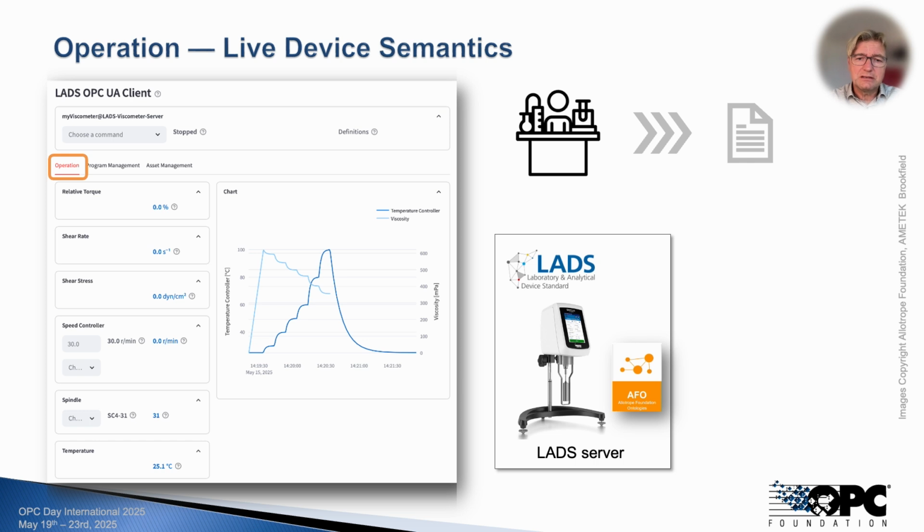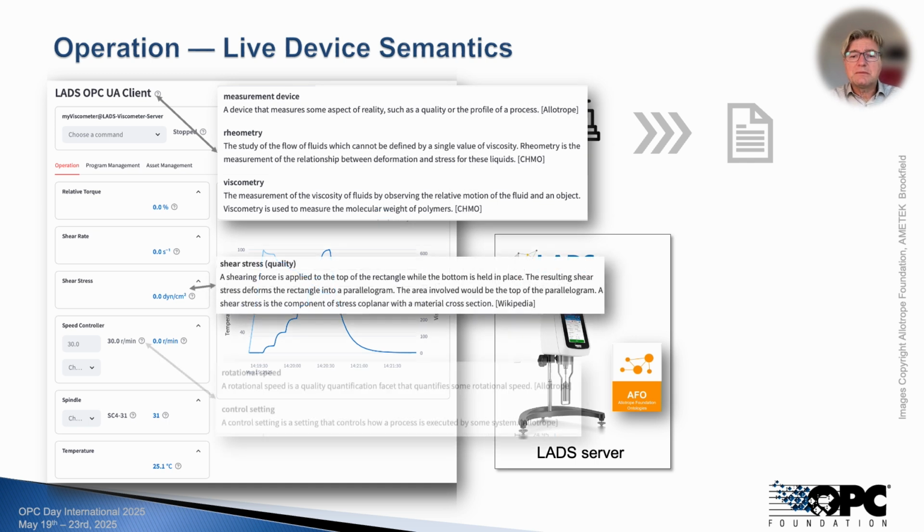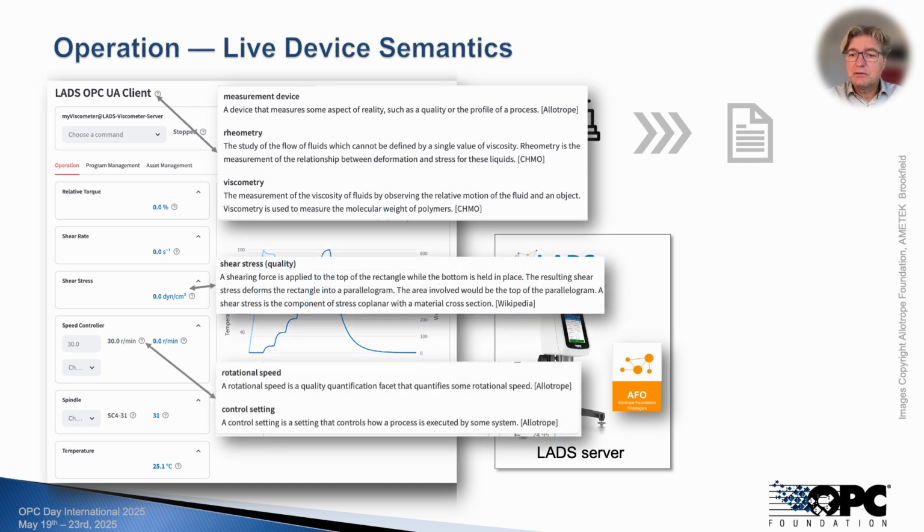with the device. On the left, we see a list of measurement and control functions provided by the instrument. For example, shear rate, shear stress, speed control, temperature control, torque measurement, viscosity calculation, and so on. And again, whenever an item has a question mark icon, the browser retrieves and displays the corresponding Allotrope Foundation ontology-based semantic definition when clicked.